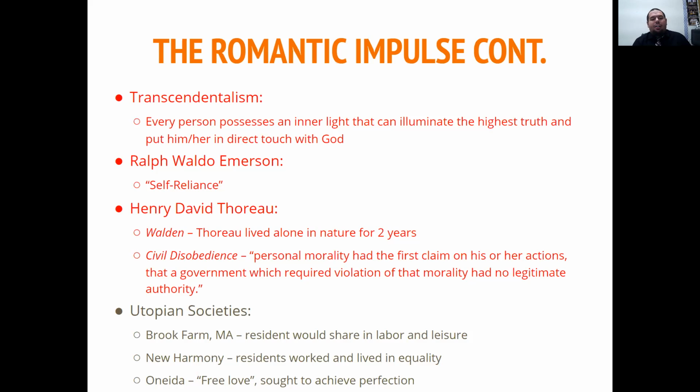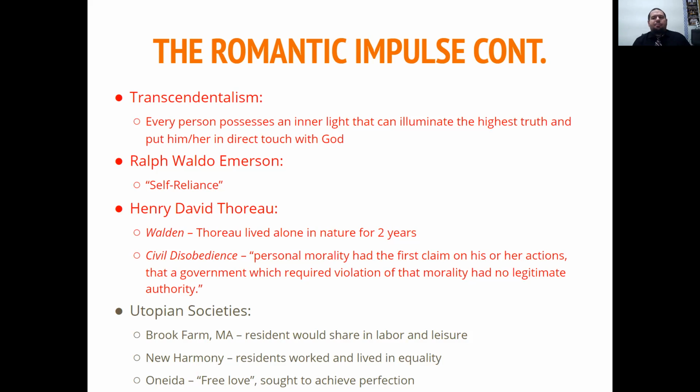And then there are discussions of utopian societies. Remember, utopias are trying to find the perfect society. Remember, this is a little bit after the Enlightenment, during the Industrial Revolution, if we think back to world history last year.